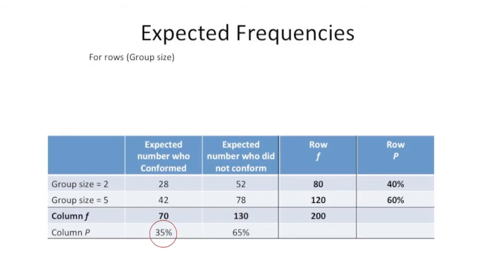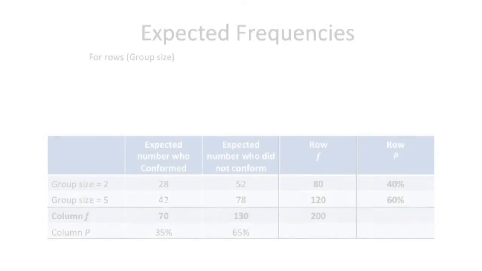This equals 35% of the 80 people who are in group size of 2. The expected frequency for the group size of 5 is 42, as this is 35% of 120 people who were in group size of 5. Then we can do the same for people who did not conform, but using their proportion of 65%.